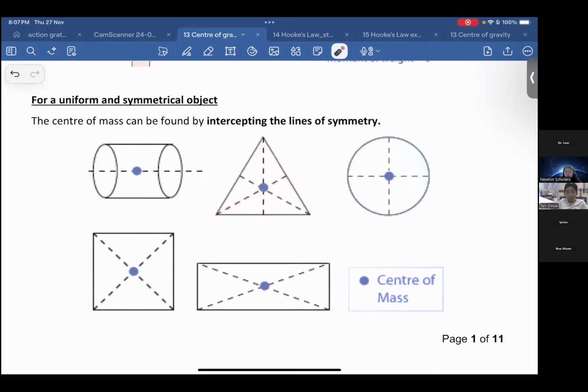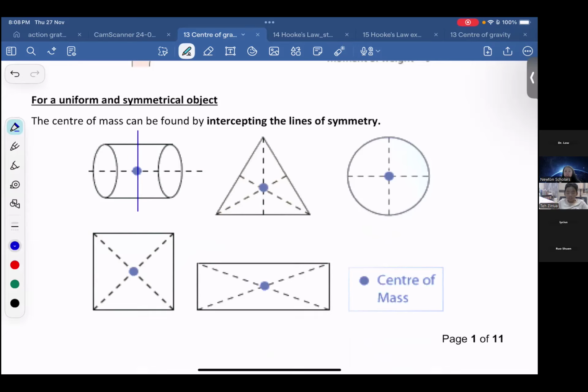For the first diagram, we still cannot find the center of mass by using one line. So what should we do? Let's say this side is 2 meters. Half of it is 1 meter, so we draw a line.